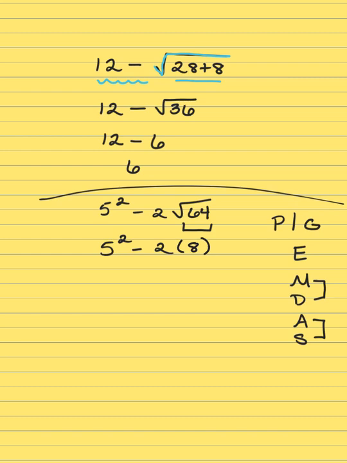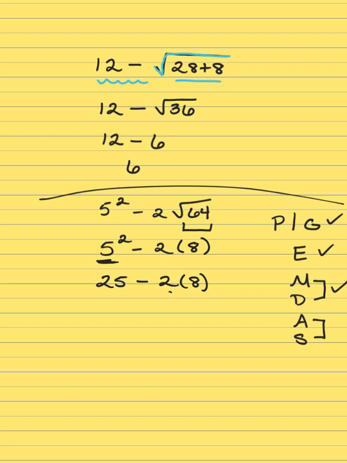I'm going to move on to exponents, which I have right here. So I'm going to simplify the 5 squared, which is 25. And I'm going to rewrite the minus 2 times 8 because I'm not doing anything with that yet. Next on the list is multiplication and division.